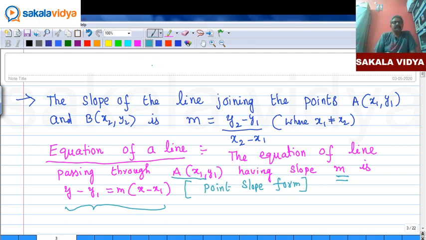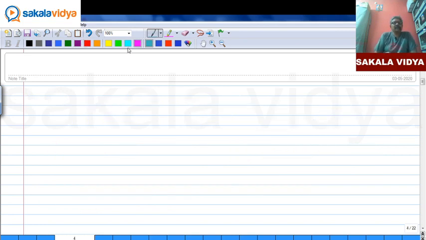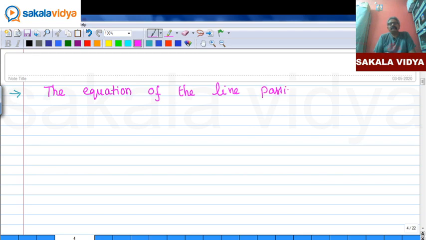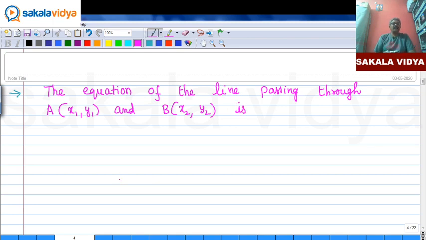So, next, how to find the equation of the line passing through A (x1, y1) and B (x2, y2).